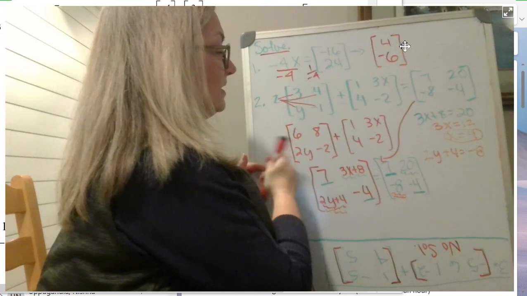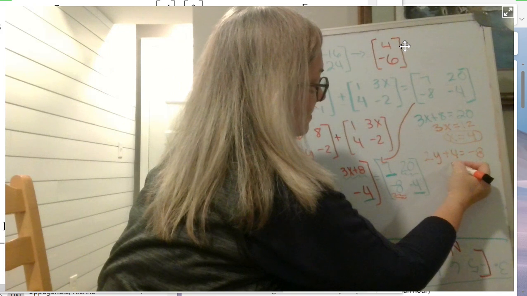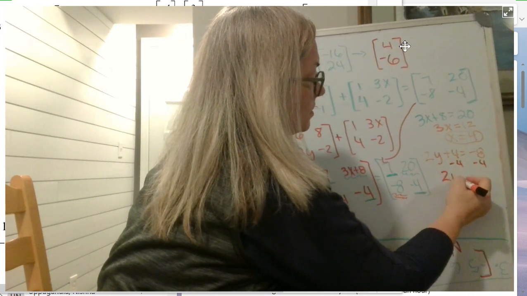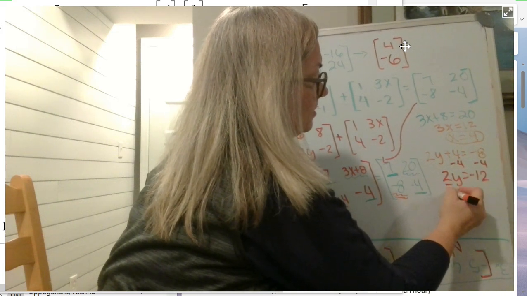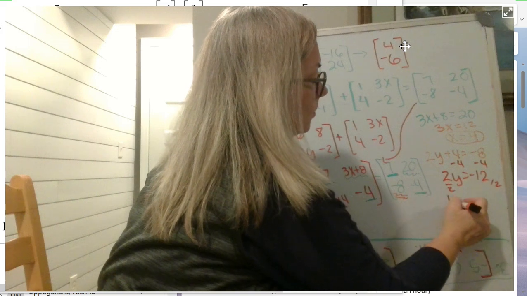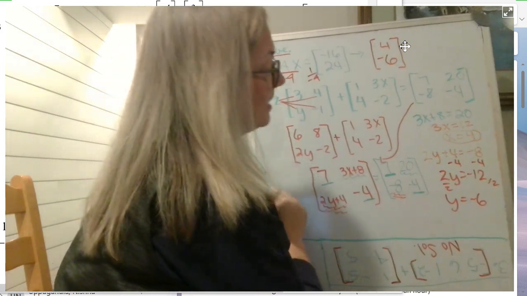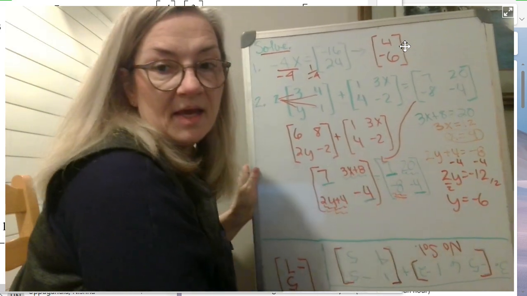The next one is the x. That was the x. Excuse me, I said it backwards. Subtract the 4, 2y equals negative 12. Divide by 2, y equals negative 6.